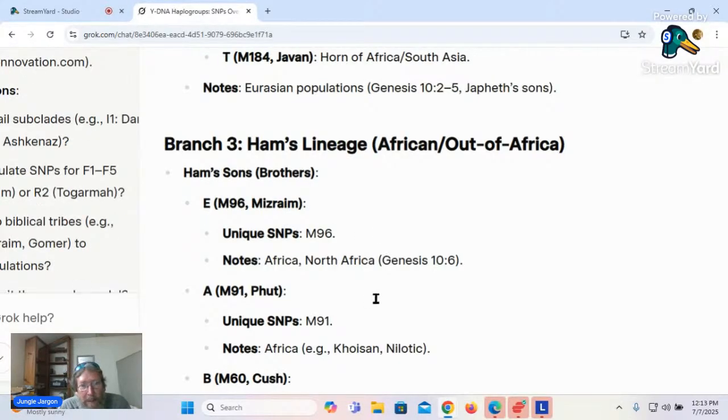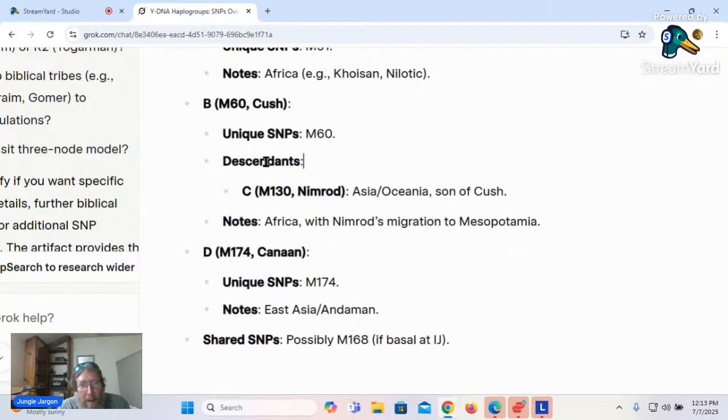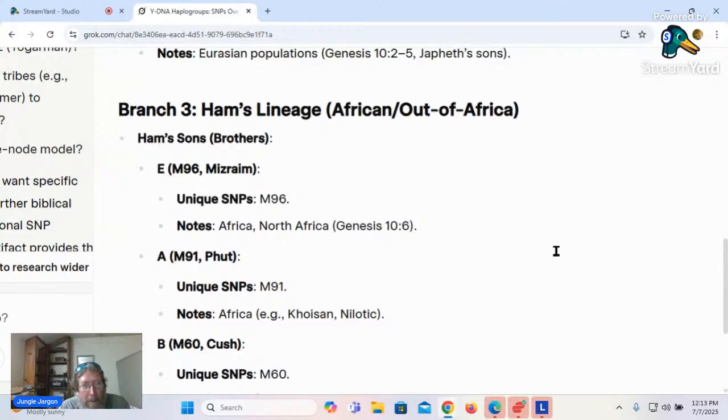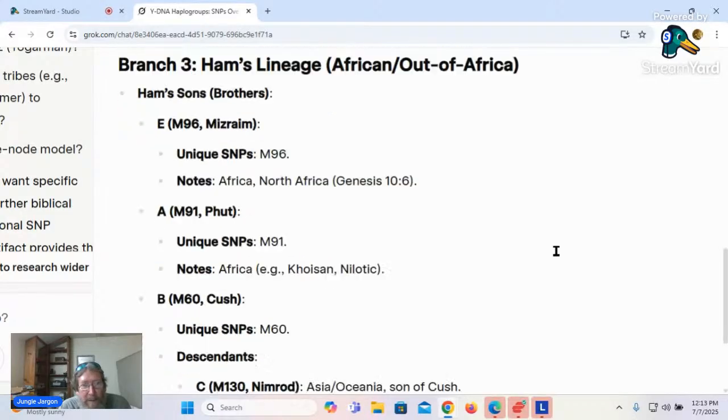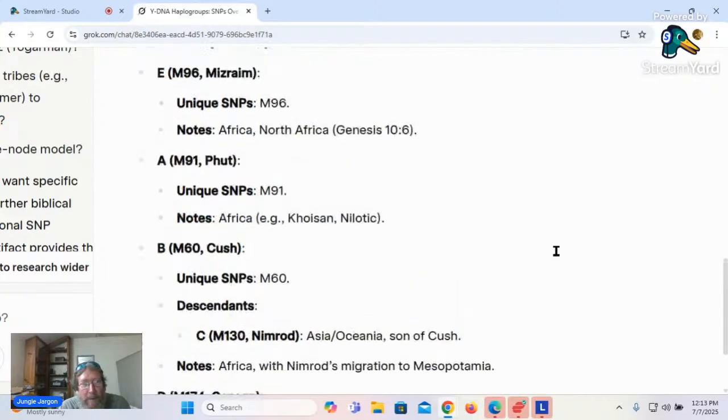E Mitzrayim, A Put, B Cush, C is Nimrod, the son of Cush, and D is Canaan. And E, where's E? Oh, E's already. Wait a minute. It's supposed to be E, D, then A. See, it's not like he can think very well.